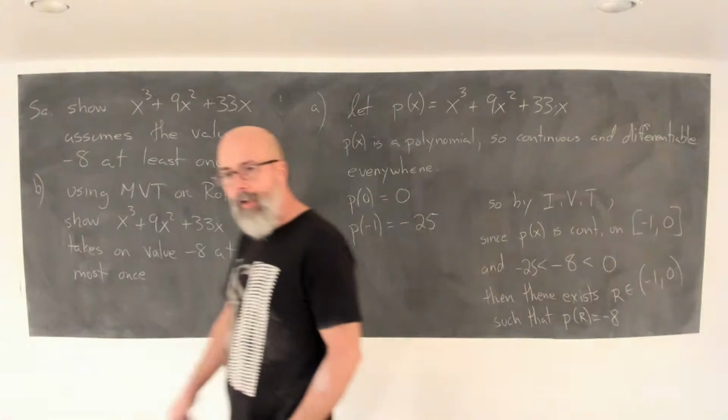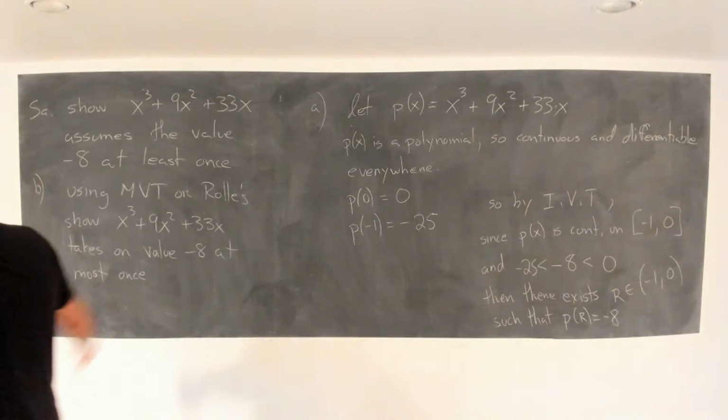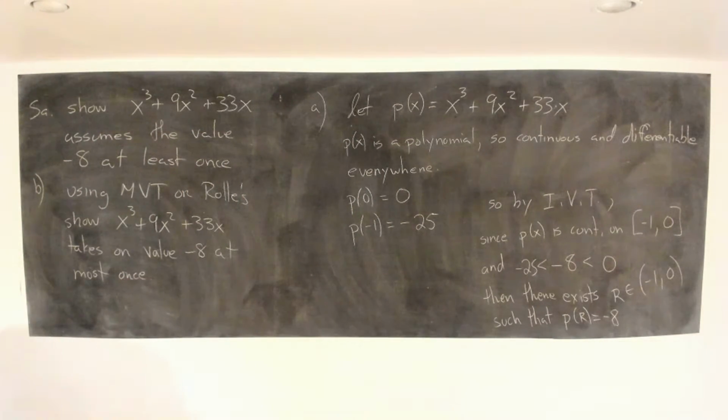Right, intermediate value theorem gives us that your function has to be -8 somewhere, right?